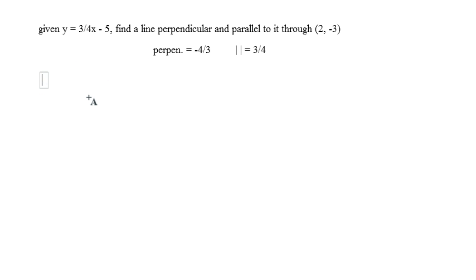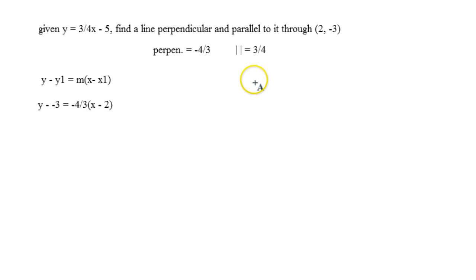So what you're going to do next is plug into y minus y1 equals m times x minus x1. You're going to plug into this point-slope formula. So we plug in everything. It's going to be y minus -3 equals, let's do the other one first, -4/3 times x minus 2.